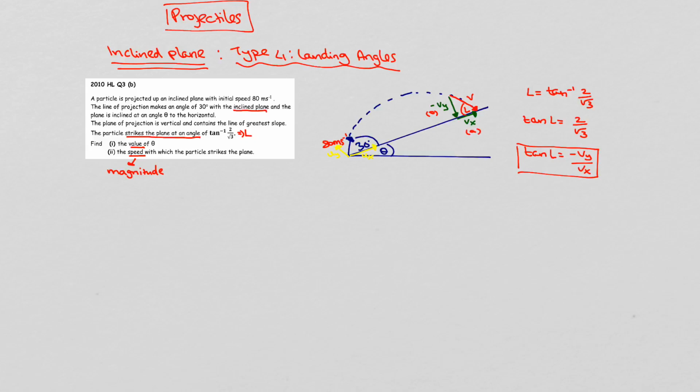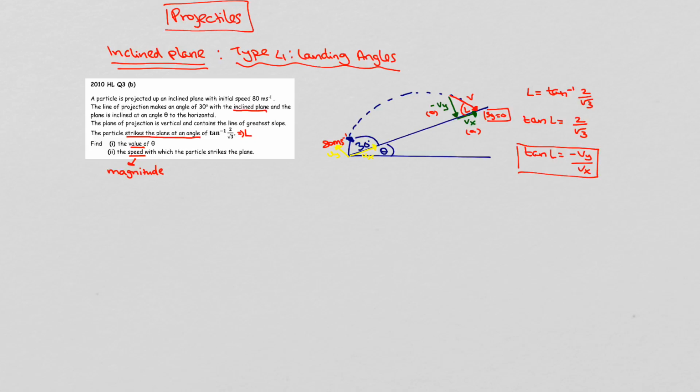So tan is opposite over adjacent, so minus Vy over Vx. We also know on landing that Sy will be equal to 0. So both Sy equals 0 and tan of our landing angle will come in useful when we're trying to find the value of theta.